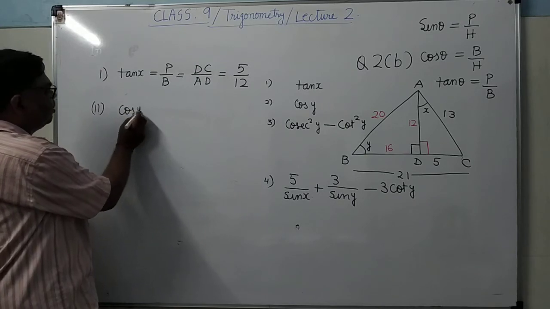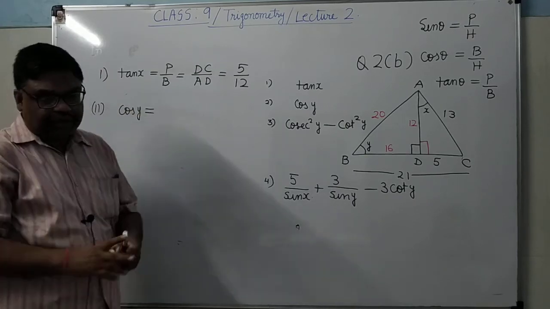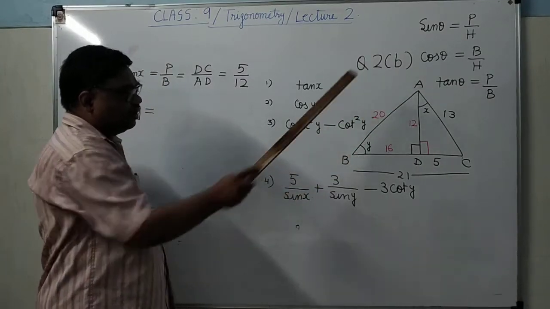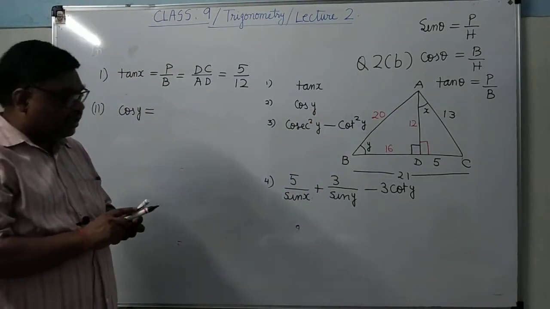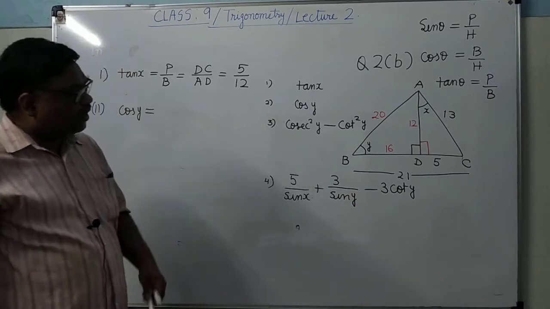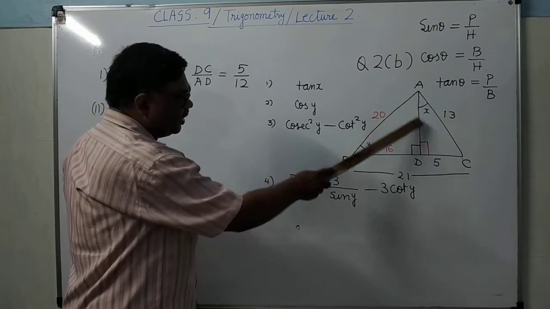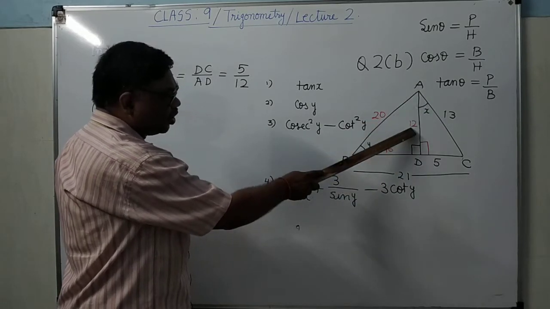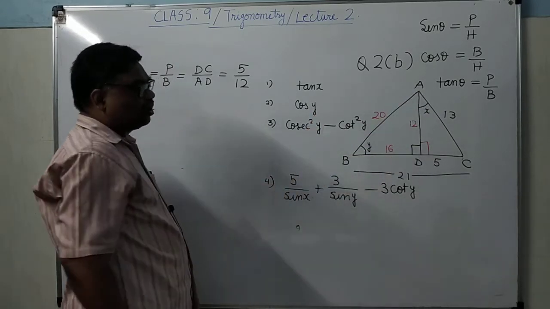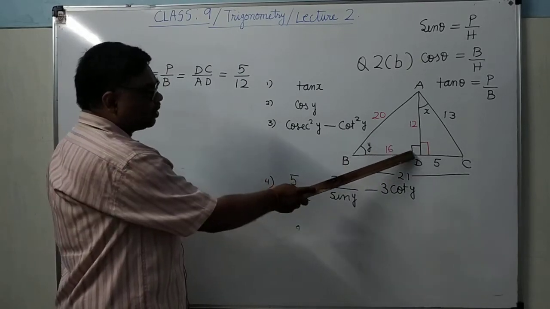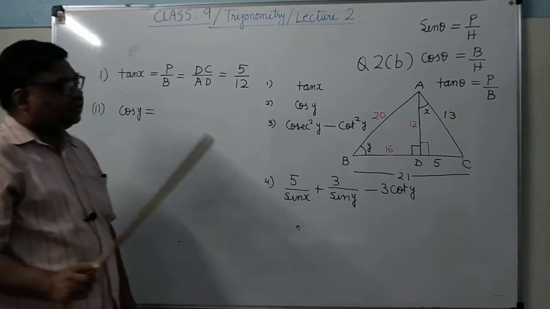Cos y. For cos y, you will take triangle ADB. Now with respect to angle y, what is perpendicular? In front of y there is side AD, whose length is 12, so this will be perpendicular. What will be base? Base will be BD, and hypotenuse is in front of 90, that is AB.